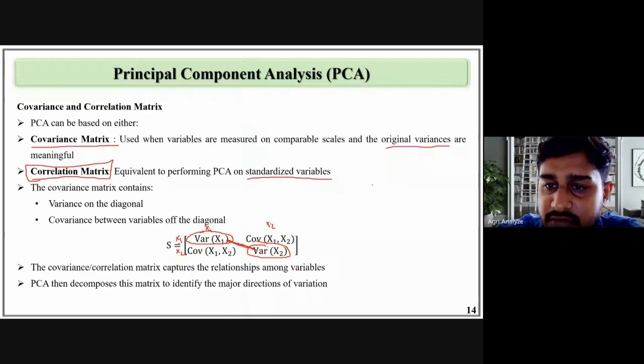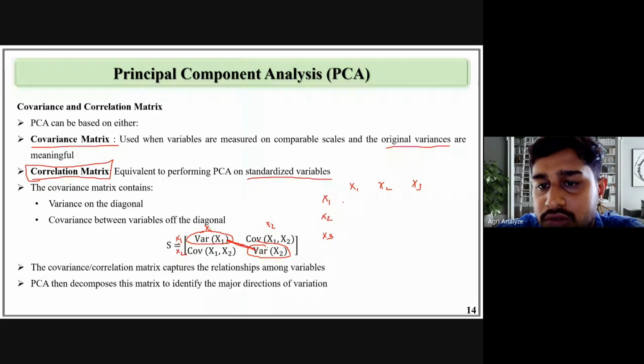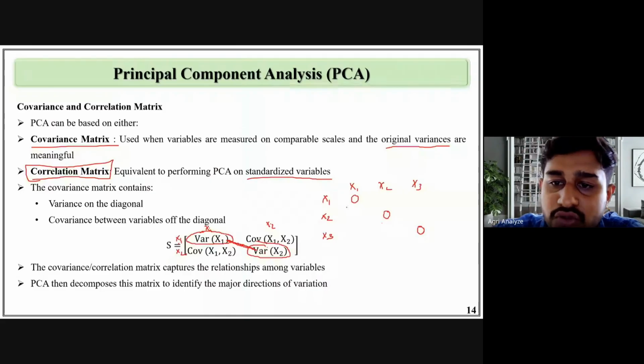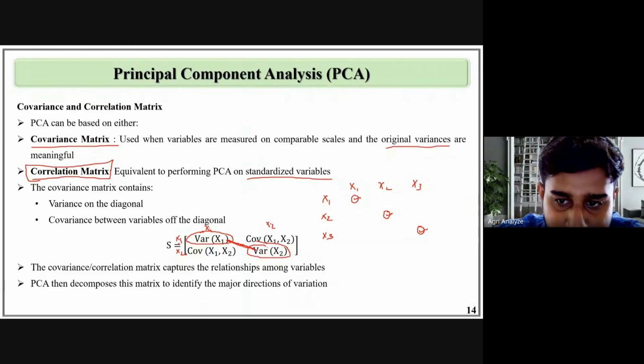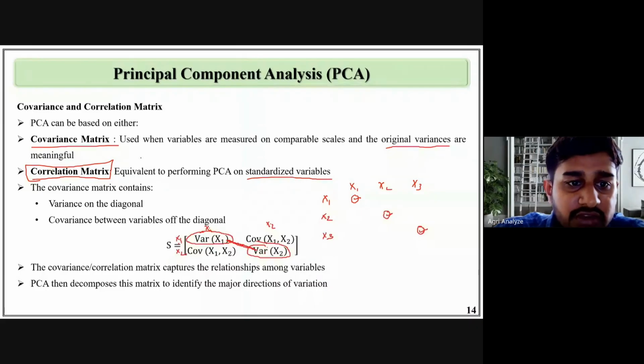If we have three variables, x1, x2, and x3, then these diagonal elements of the matrix show the variance of x1, the variance of x2, and the variance of x3. So that's why we have variances on the diagonal.